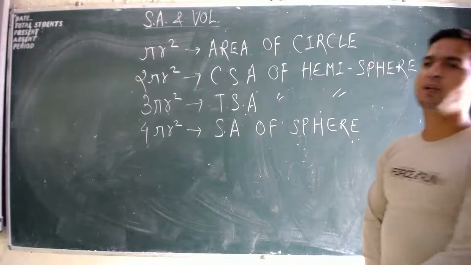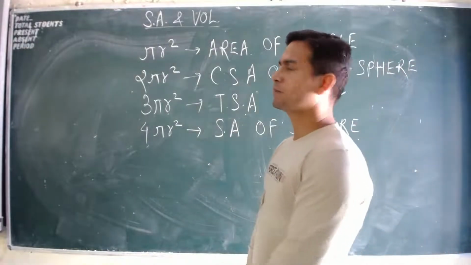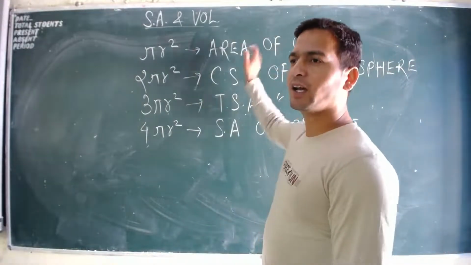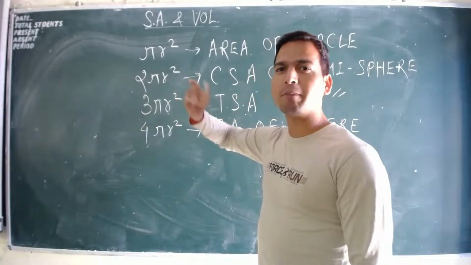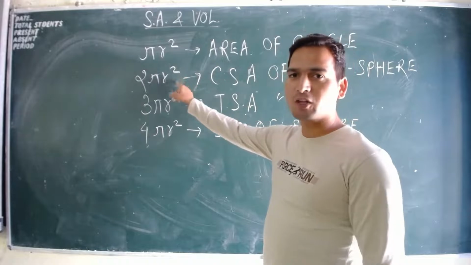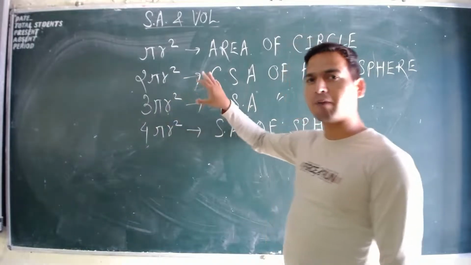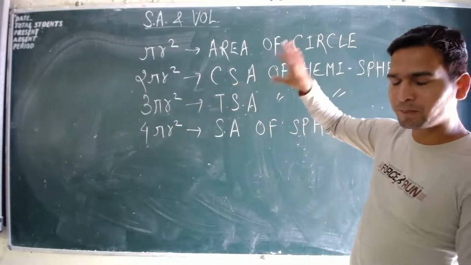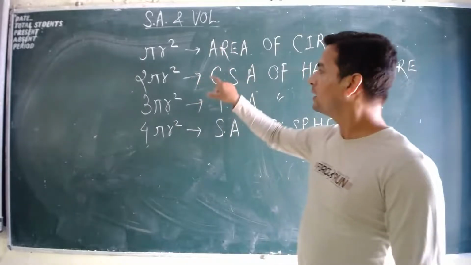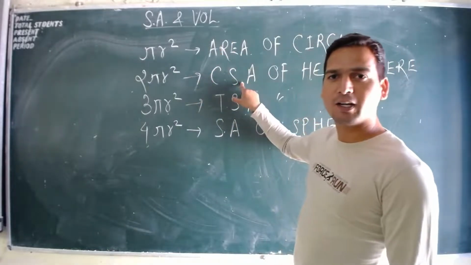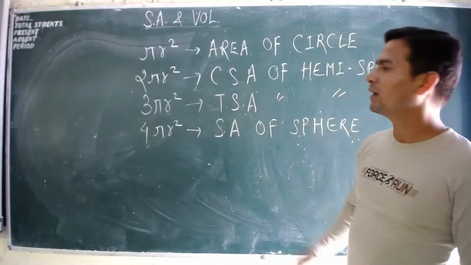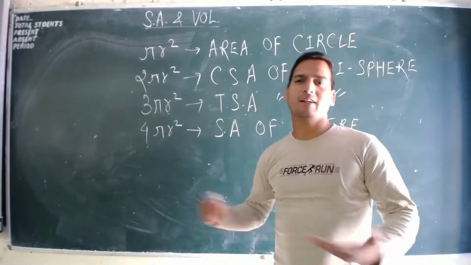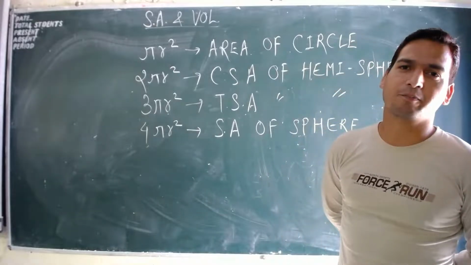Just like counting on a table, you can write and learn it. Pi r square, area of circle. Remember, 2 pi r square and 3 pi r square are the part of the formulas of hemisphere. 2 pi r square is CSA of hemisphere. 3 pi r square is total surface area of hemisphere. Now 4 pi r square is surface area of sphere.